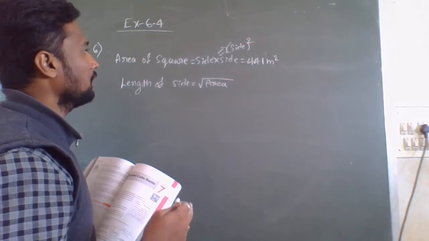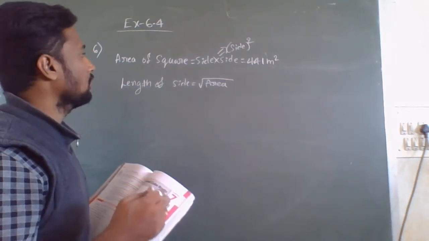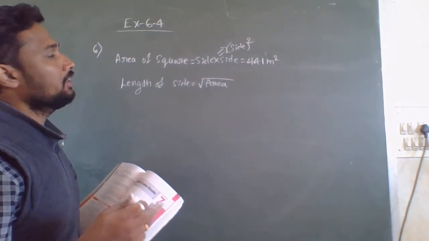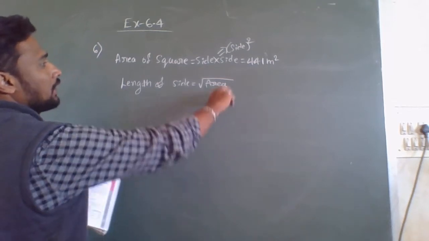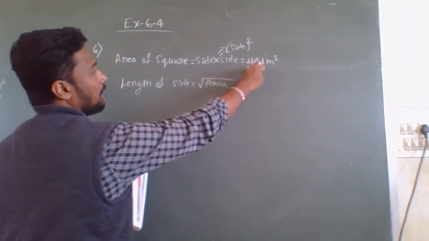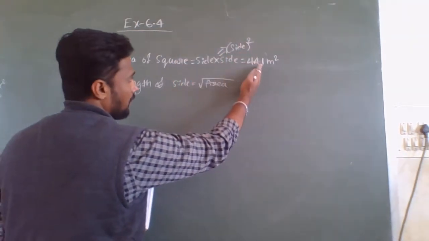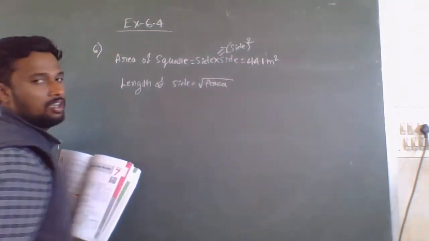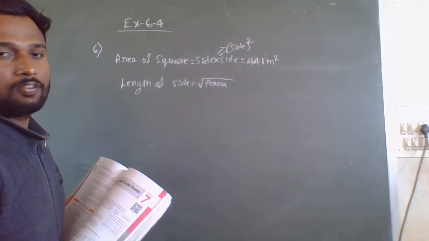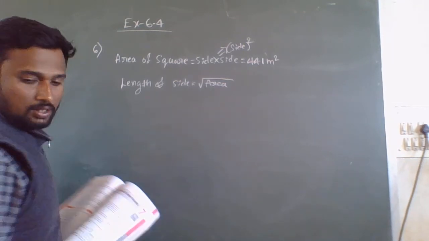You are multiplying the length of the side two times. What you will get at that time? Area of the square. So if you calculate the square root of this area, what you will get? Length of the side.